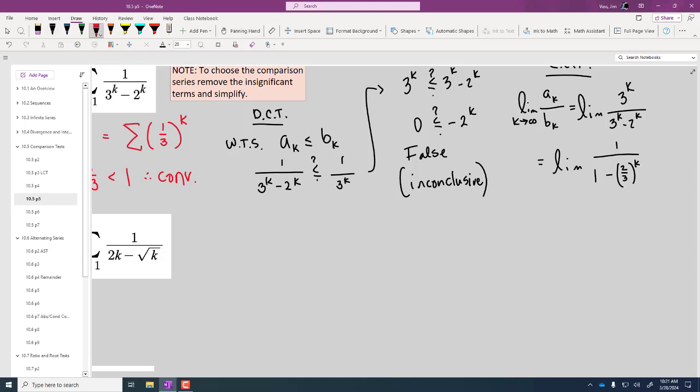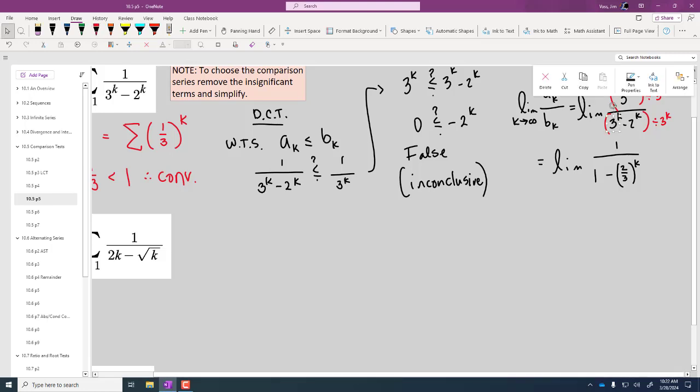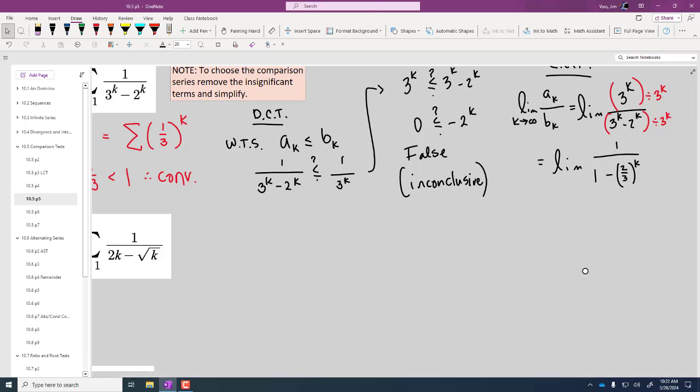So we're going to divide the numerator by 3 to the k. We're going to divide the denominator by 3 to the k, which is really just multiplying by 1. When we simplify, divide 3 to the k by 3 to the k, we get 1. Divide 2 to the k by 3 to the k. 2 to the k over 3 to the k is 2/3 to the k.